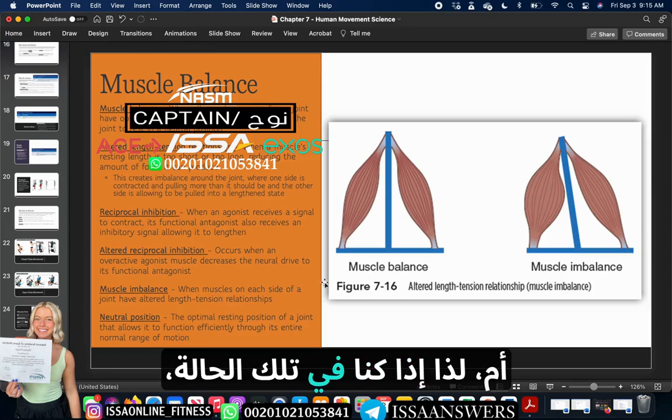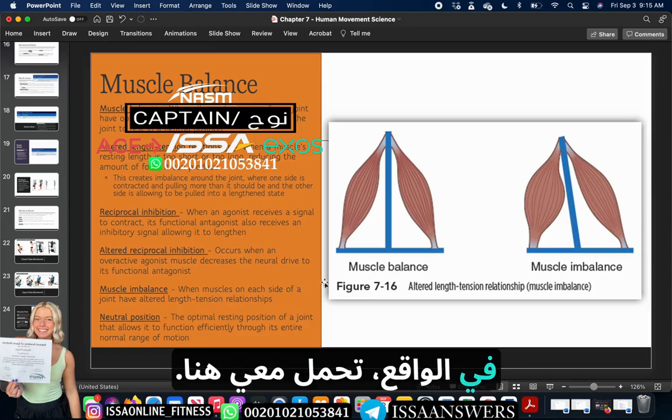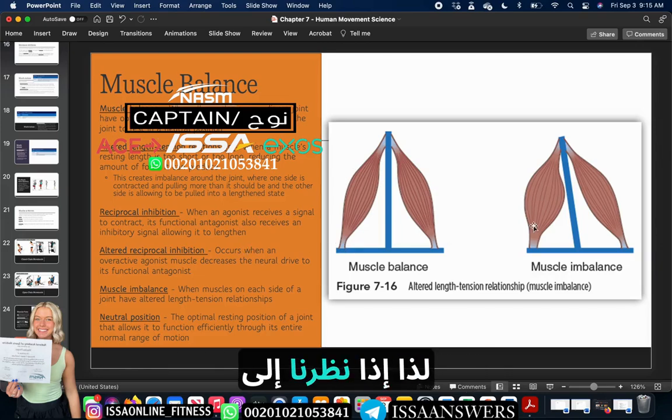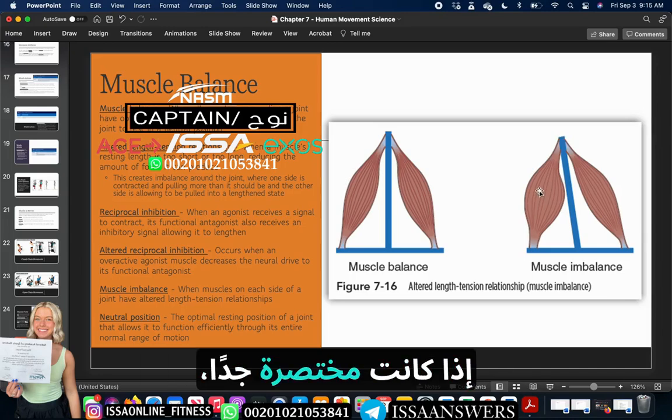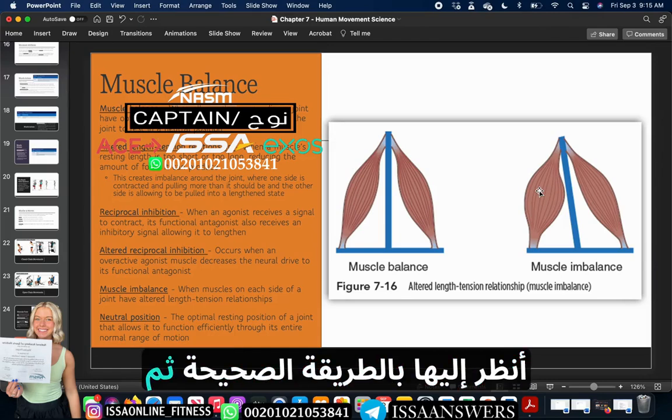So if we're in that state, actually, bear with me here. So if we look at this balance here, if you look at the shortened version, if it's too shortened, I apologize for that. I look at it the right way and then I say it the wrong way.